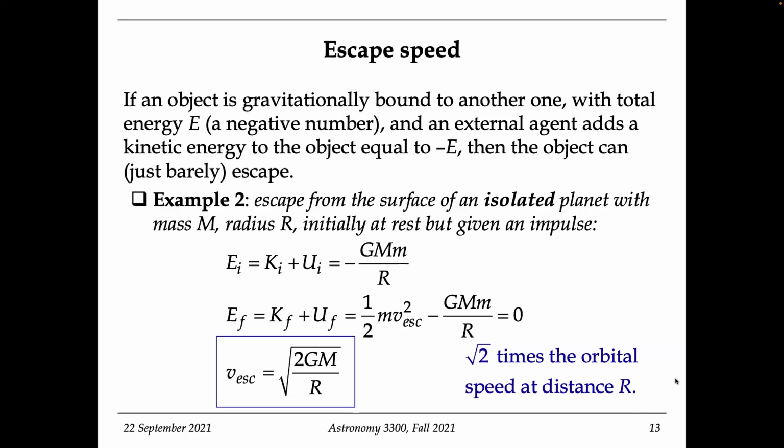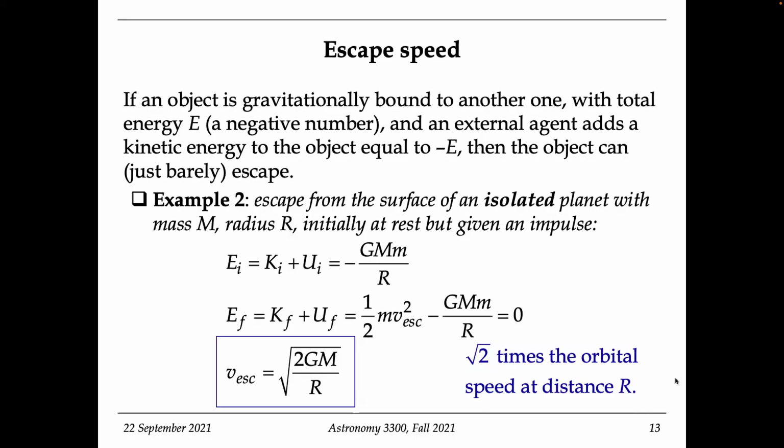Hold on. Clarify one thing. In this example, it's not a circular system. The 1/2 mv squared is 0. Imagine you have no kinetic energy in the system. You just have a ball. Something is attracted.